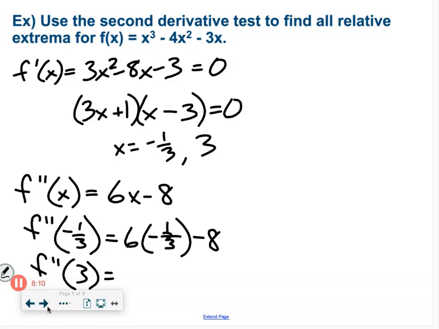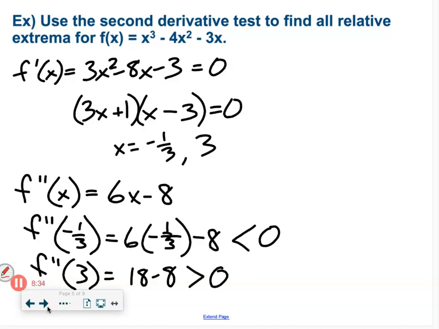So you end up with negative 2 minus 8 or negative 10. Numerically, the number doesn't matter. It's the sign that matters. Is this positive or negative? This is negative, right? If we plug in a 3, we get 18 minus 8. Is this going to be positive or negative? Positive. All right. So we're going to do each one separately.